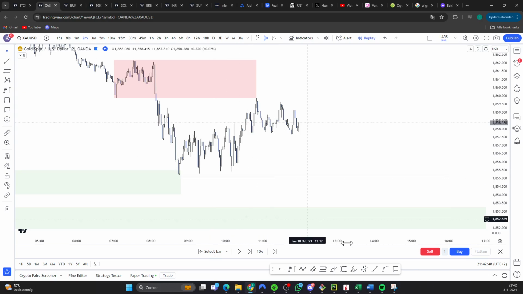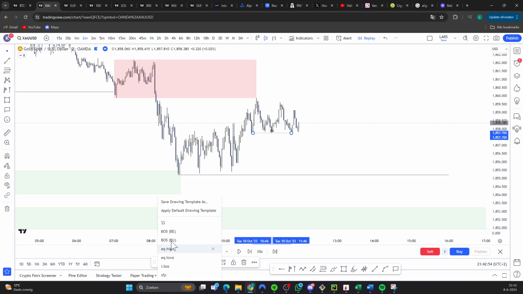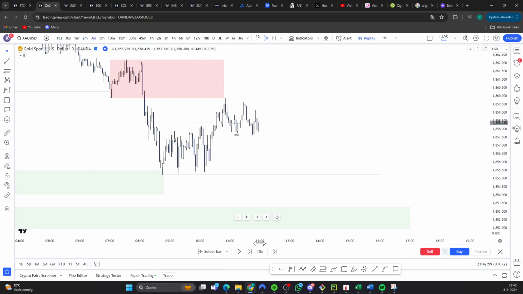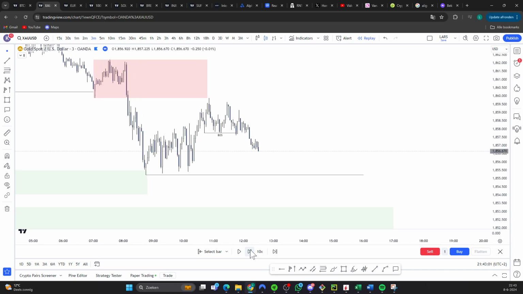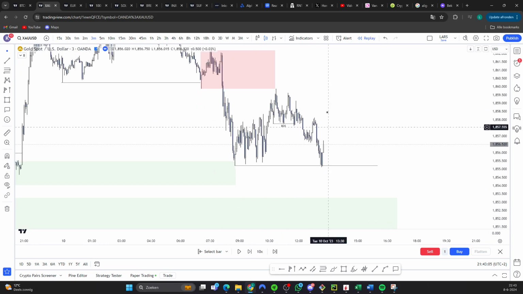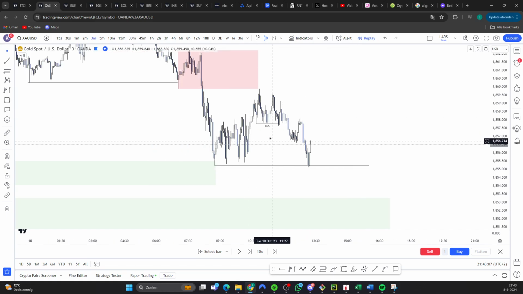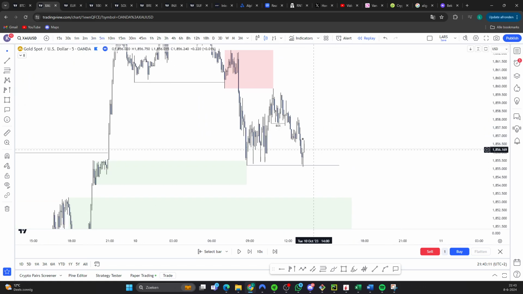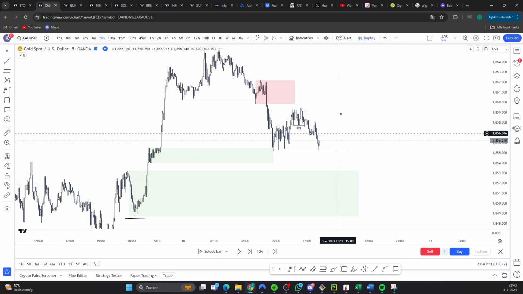Right here, we have the liquidity below us, and it looks like we are breaking that. So I wouldn't be surprised to go lower from here. That's why I wanted to exit in the first place. Because this could happen, but it shouldn't stop me, because it can easily take this low, wick it, and go higher, right?